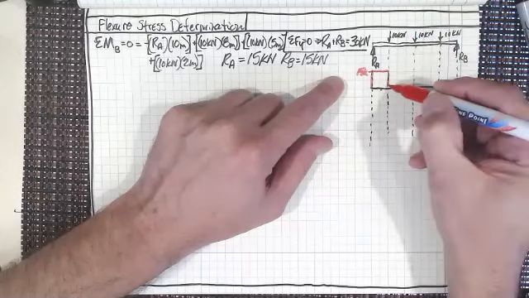What was I doing? I'm sorry, I got that one wrong. Where's my green? Okay, so 15 times 2 gives me 30. 3 times 5, boy, that was easy, thank God. That's plus 15, I'll put a plus there. And then this is going to be minus 15 because I've got 3 times that. And of course, this down here is not minus 15, this is minus 30 kilonewton meters.